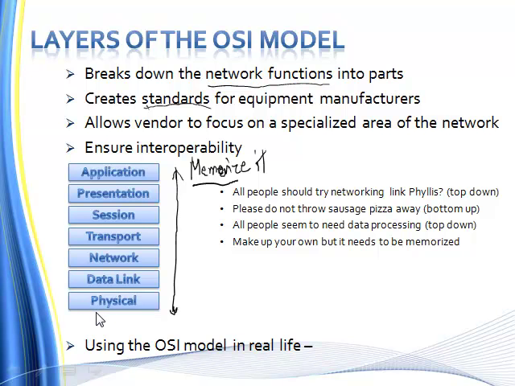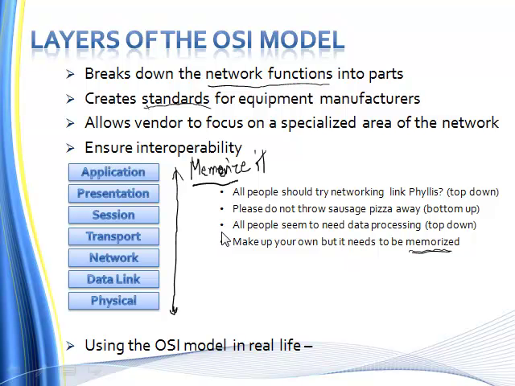Who's Phyllis? I don't know, I just made it up. Another one that I've heard other people use is Please Do Not Throw Sausage Pizza Away. Or All People Seem To Need Data Processing is a third one. However you want to memorize it, make up your own. But you need to memorize it.